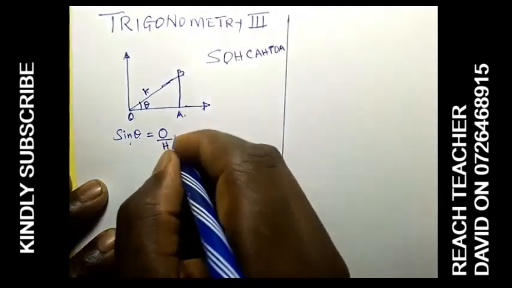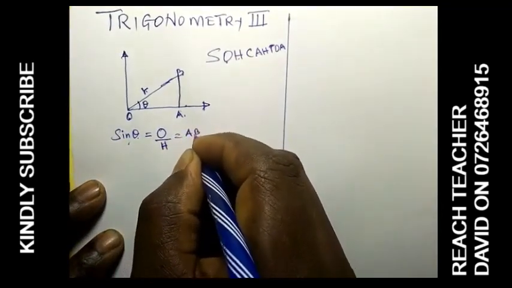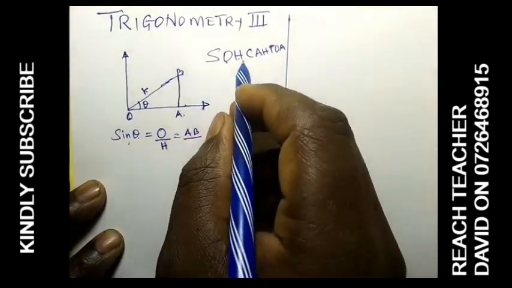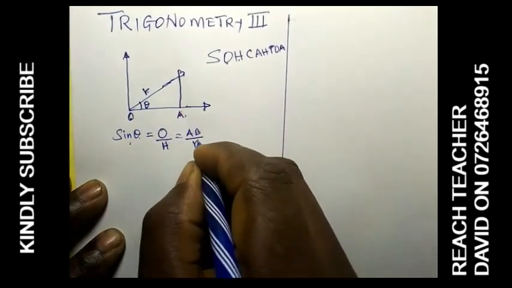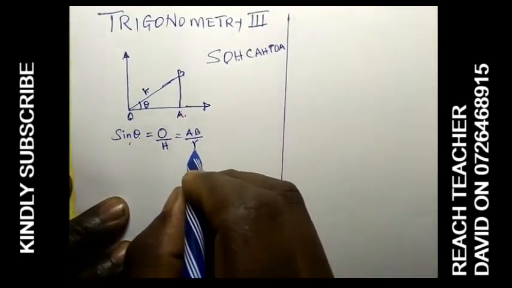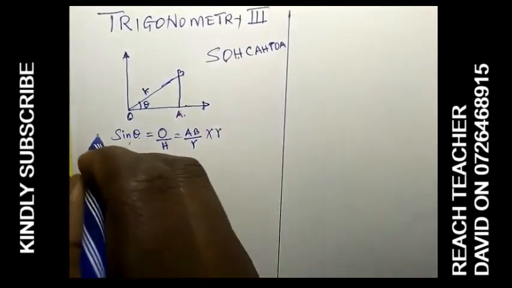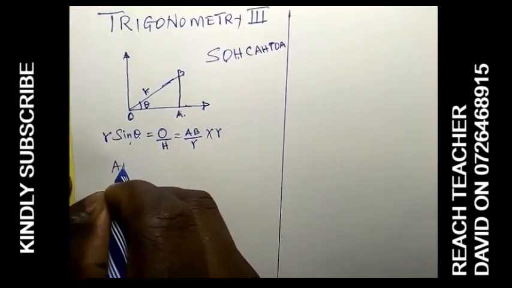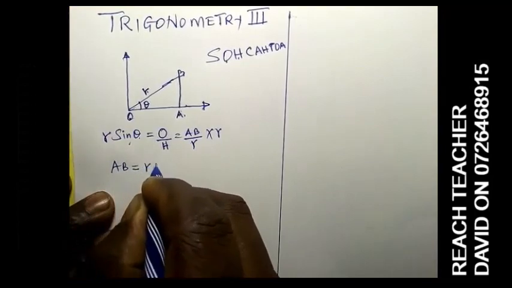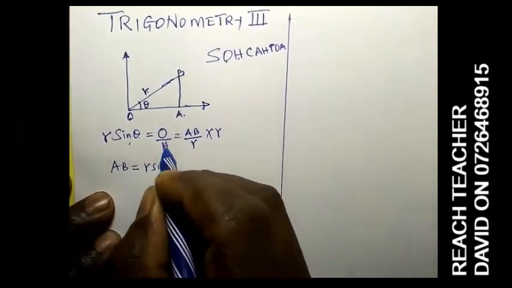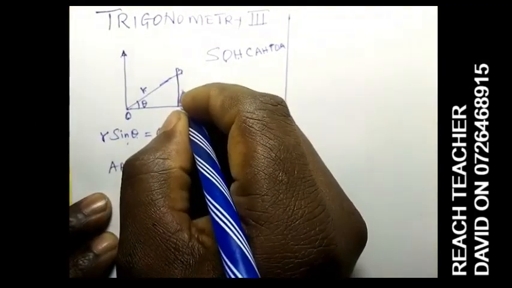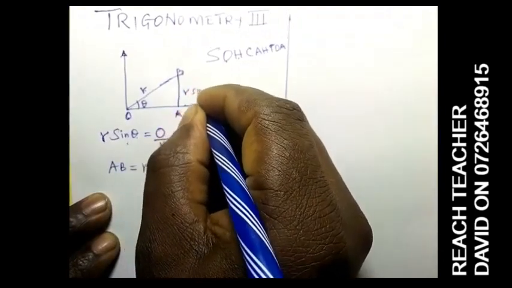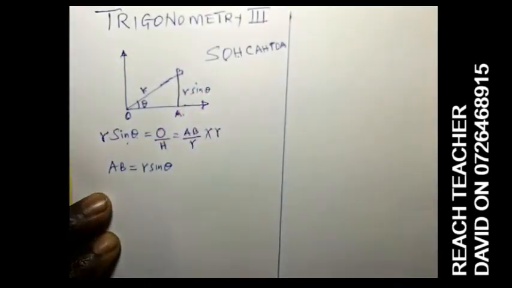It is AB, so sine theta equals AB divided by the hypotenuse, which is R. If we multiply both sides by R, we will have that AB is equal to R sine theta. So from here up to here is R sine theta.